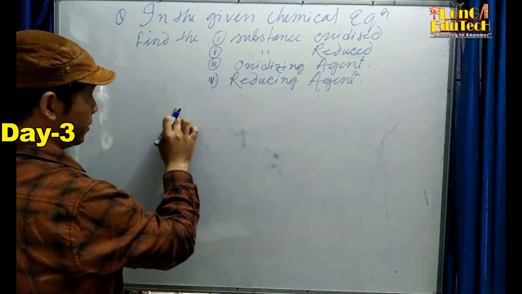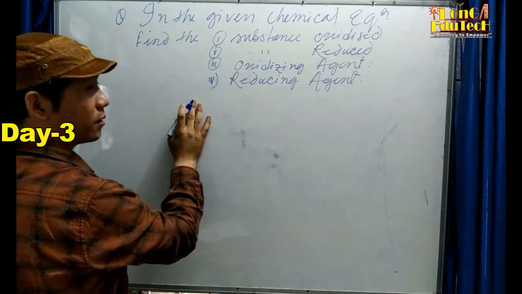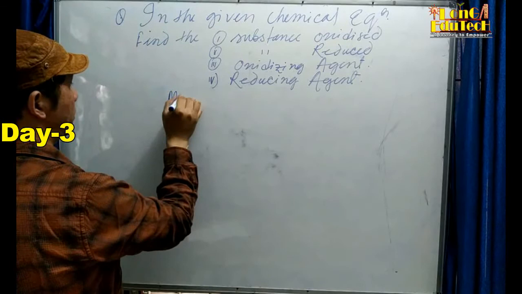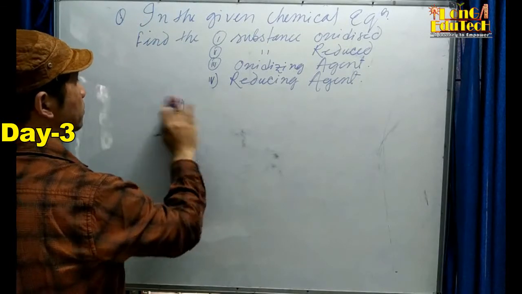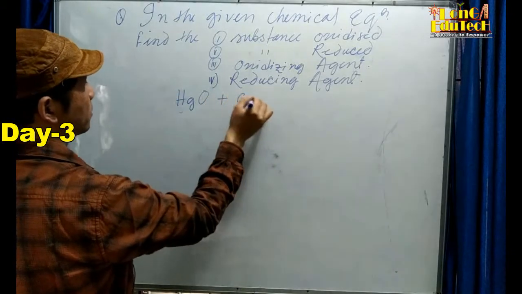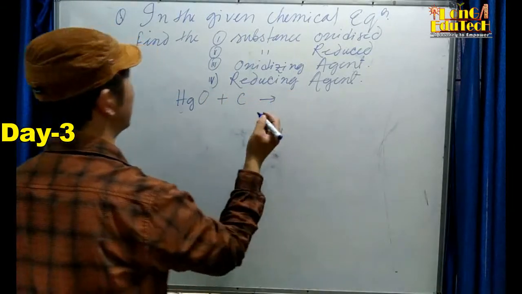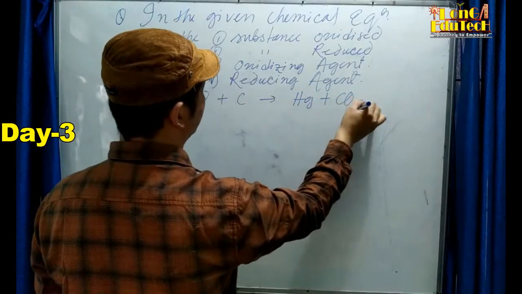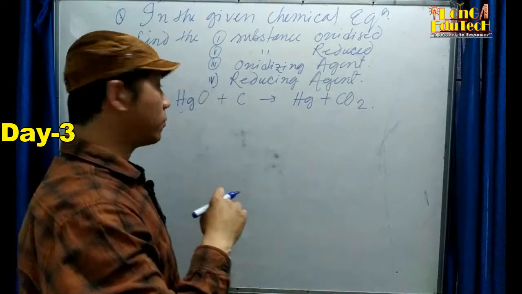The equation is also given here. Say just a simple one, we'll discuss first, okay? Mercury oxide plus carbon to form what? That is mercury plus carbon dioxide. Simple one I am giving you here.